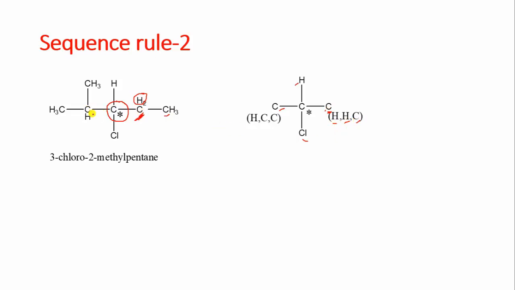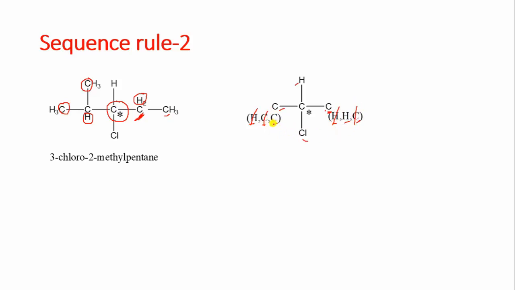We have to see this carbon atom is attached with a hydrogen, carbon and carbon. So hydrogen, carbon and carbon. We have to remove the similar atoms: hydrogen, then carbon, then carbon.